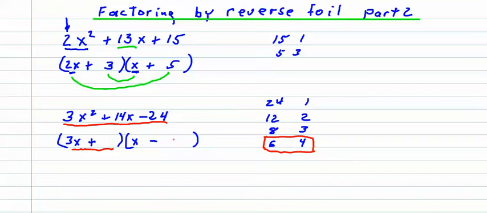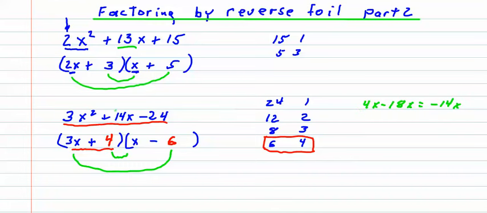So I'm going to try the 6 over here. I'm going to try the 4 over here. Now I have my first thing to test. And we do our double smiley face. 4x and a negative 18. 4x minus 18x equals negative 14x.